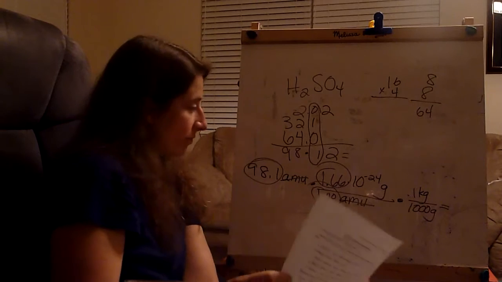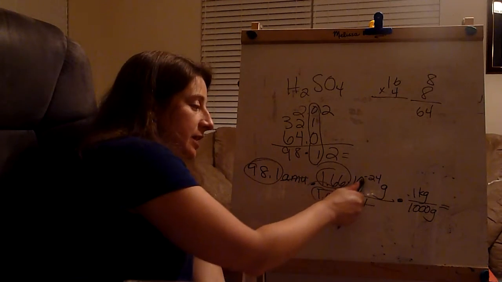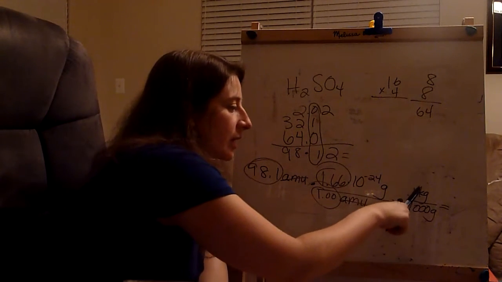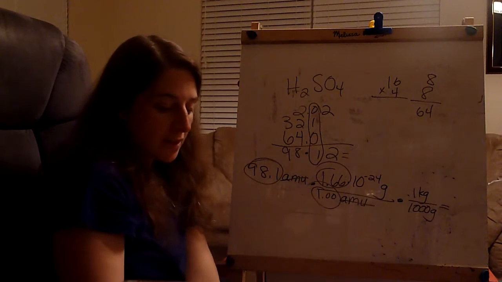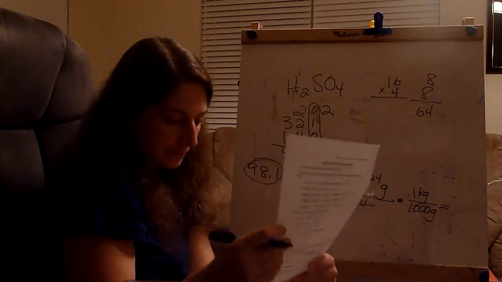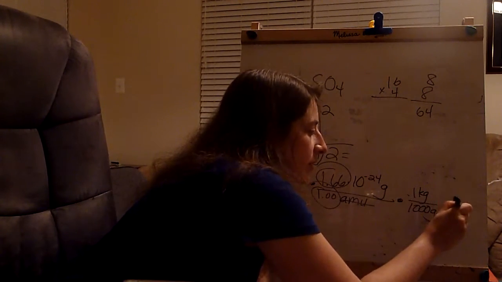So if you want to do 98.1 times 1.66 times 10 to the negative 24 divided by 1, times 1 divided by 1,000, see what you get. When I do that, I get 1.63 times 10 to the negative 22.